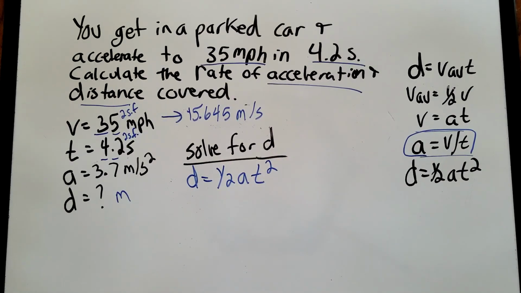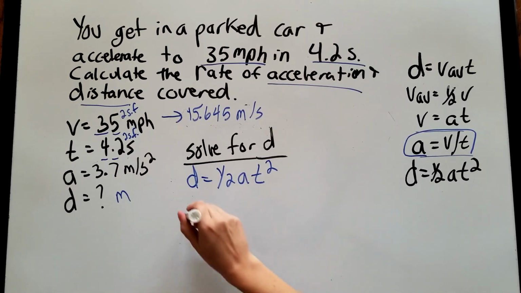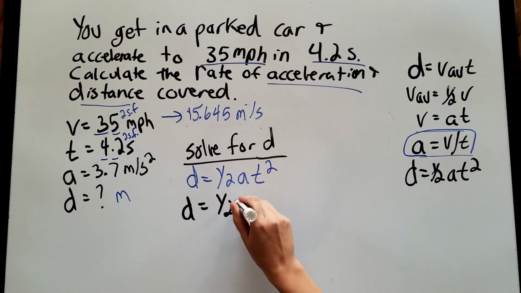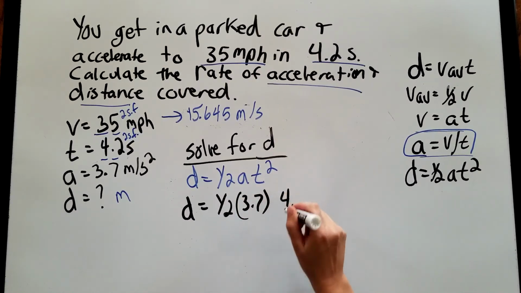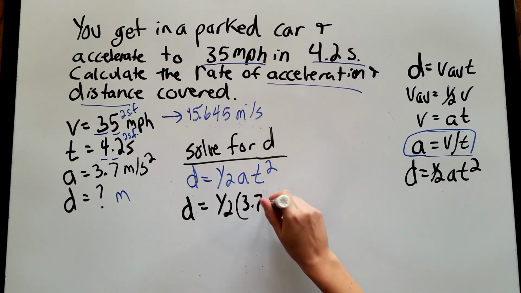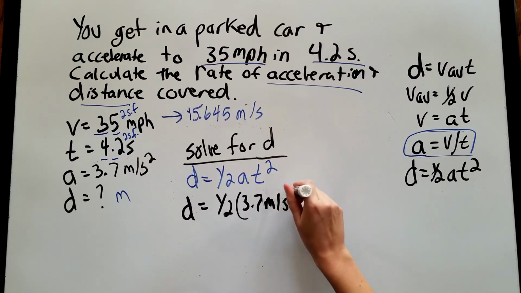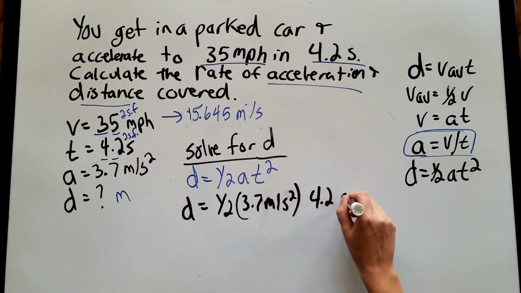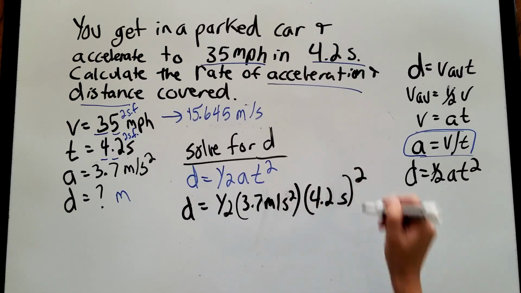Now I'm just going to fill in the variables and solve. So I have 1/2, A is 3.7, time was 4.2 seconds. Let me include the units so you can see how they cancel quick here. So 3.7 meters per second squared, and then time was 4.2 seconds, and we're squaring that.